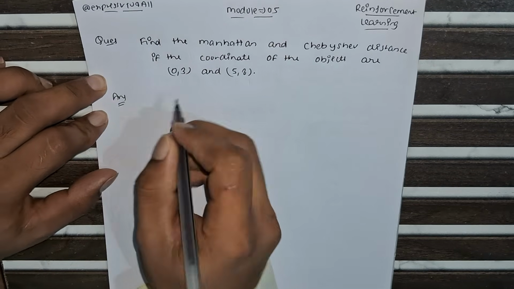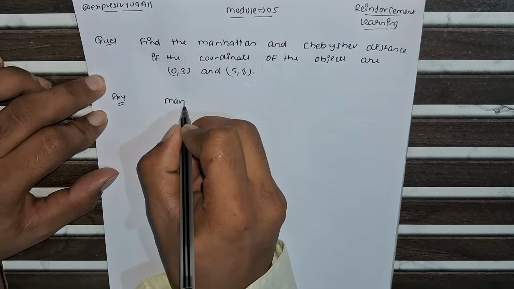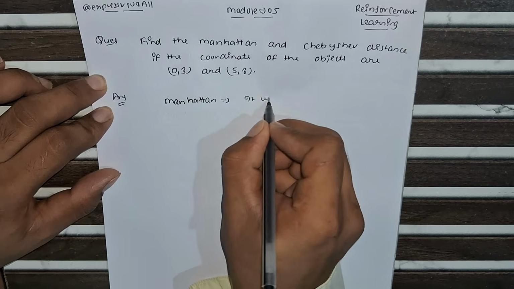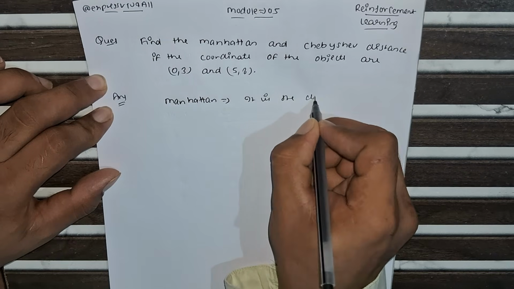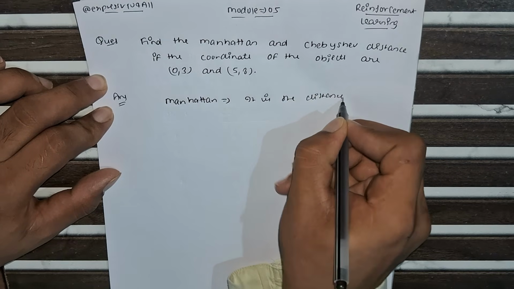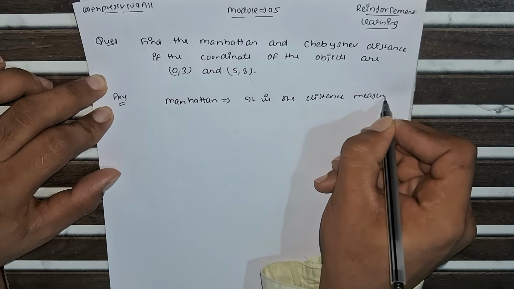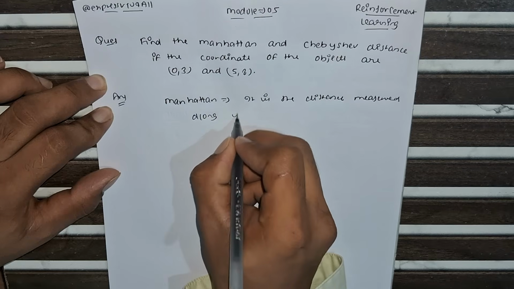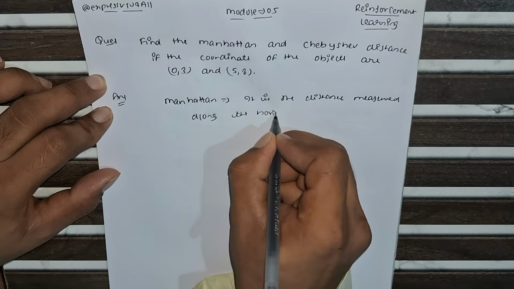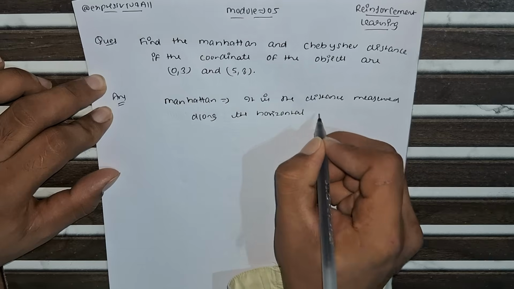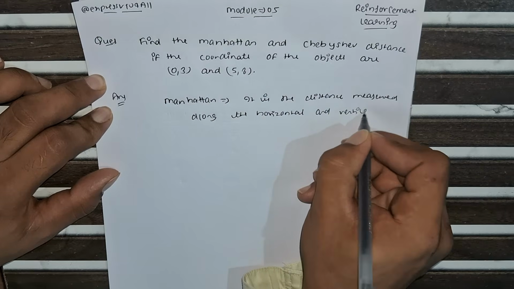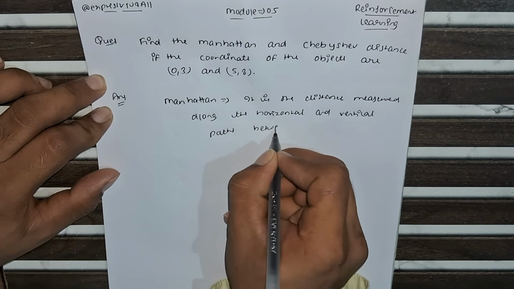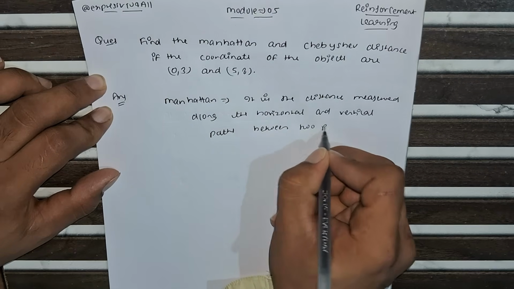So here we write the definition. Manhattan: it is the distance measured along the horizontal and vertical path between two points.